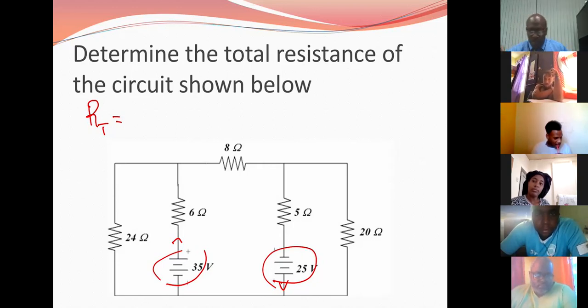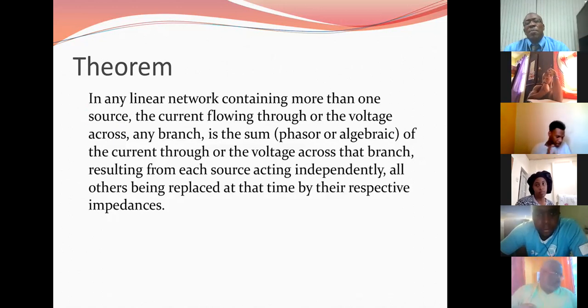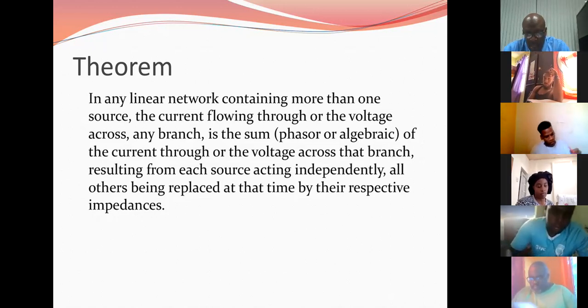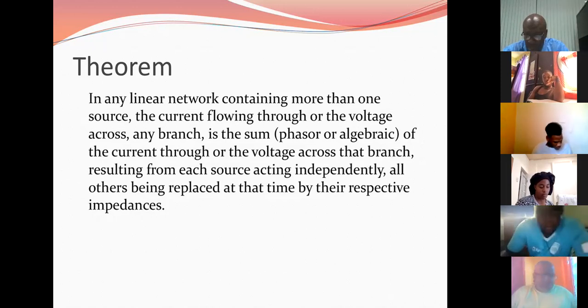So this is a theorem that is already in your notes. So you can just highlight key parts of it. The printed notes that I sent you, this information is already there. So it says that in any linear network, which has more than one source, the current flowing through or the voltage across any branch is the sum, and this can either be the phasor sum or the algebraic sum.